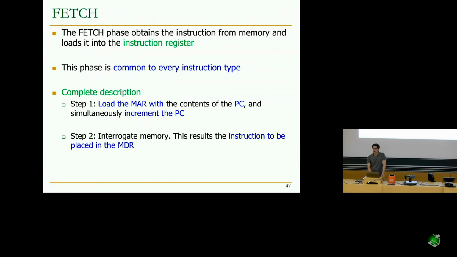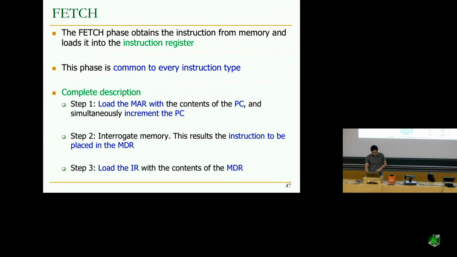Then we have to interrogate memory. We ask the memory if it has some data for us in the address that we have stored in the MAR, and the memory will move that data from the specific memory location to the MDR. And in the third step, we will move the instruction that we have just accessed from memory from the MDR to the IR, the instruction register.